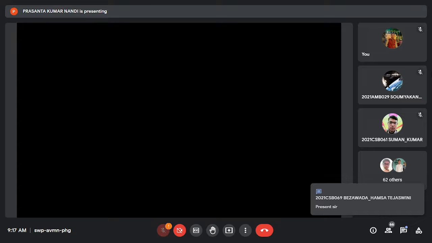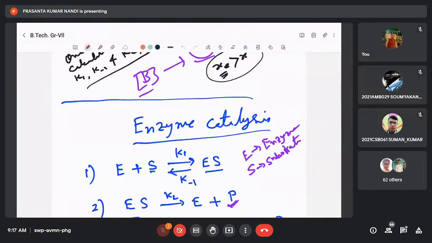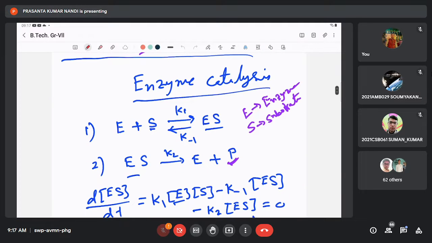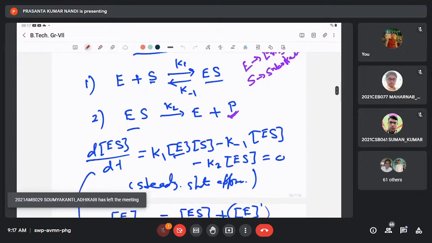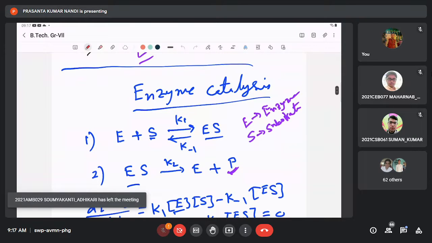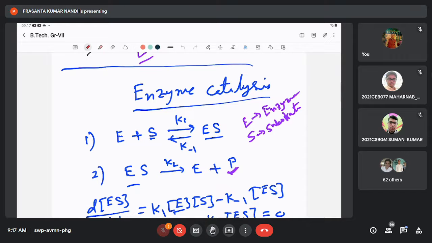So that is important. So let us consider the reaction mechanism normally proposed for enzyme catalysis. Right. So let us denote E as an enzyme and S for substrate. Now, the normal sequence of reactions with the aid of a catalyst can be represented like this.